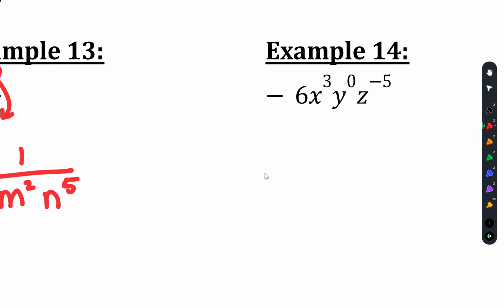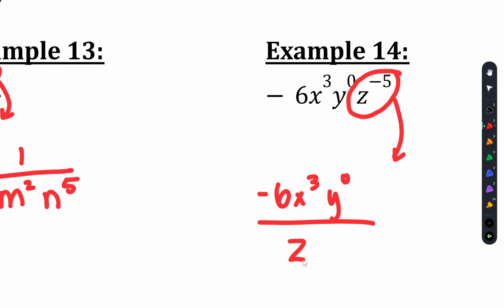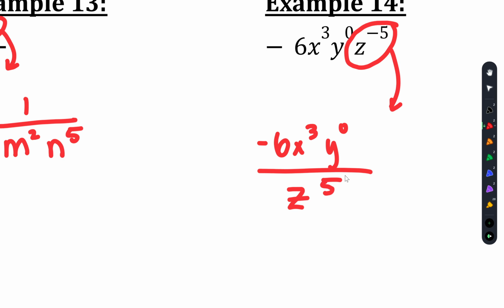What is one thing that we know we can simplify? Jaden. That's going to go to the bottom. Everything else can kind of stay in the top, right? Negative 6, x to the third, y to the 0th, z to the 5th goes down to the bottom. What else can we simplify in here?